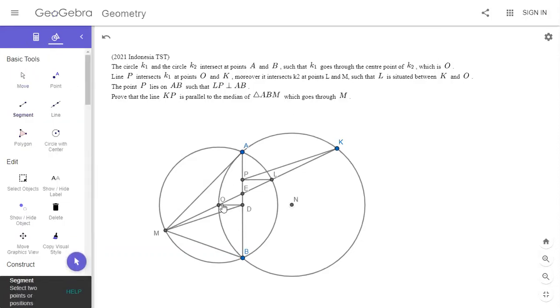All right. Yeah, maybe we could use ratios somehow. So we need to use that this circle passes through O. Can we show that MO over OD is LP over LK? So MO over OD, that's LO over OD.